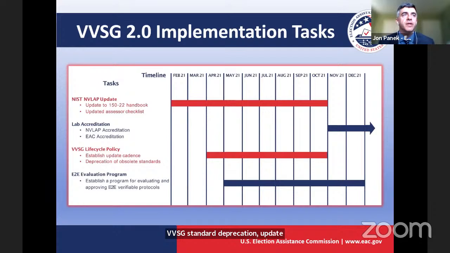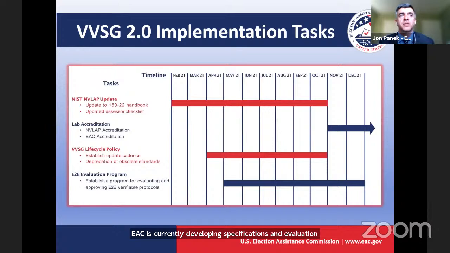The last item on the graphic, the EAC approved E2E protocols are a key element in the software independence aspect of VBSG 2.0 and required for paperless implementation. The EAC is currently developing specifications and evaluation criteria for E2E protocols.